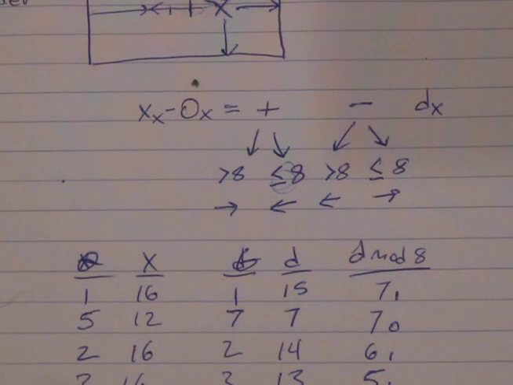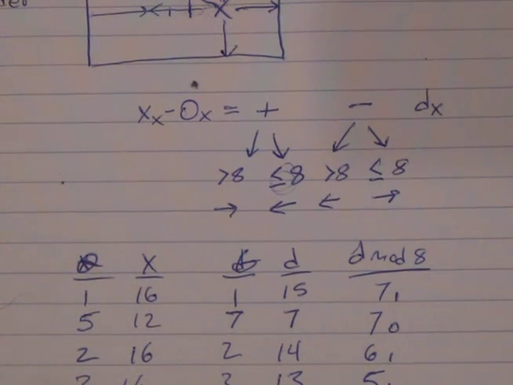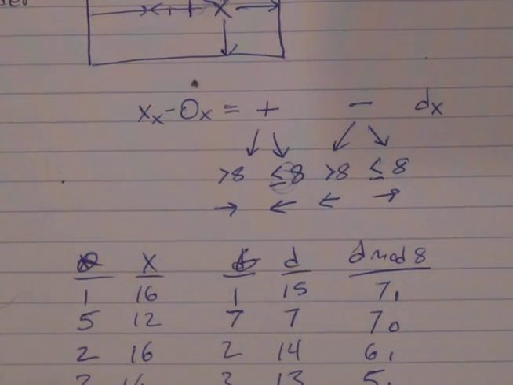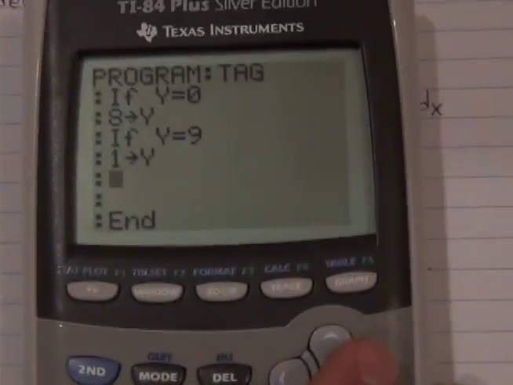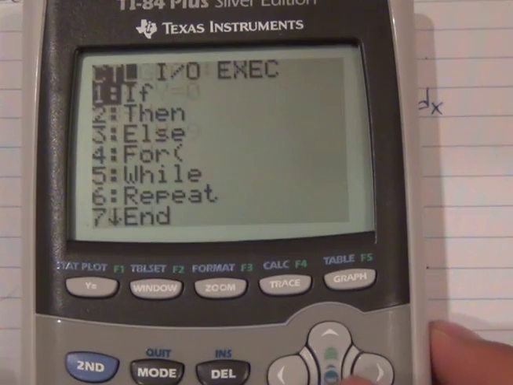Yeah, let's go with this, by subtracting 8. So yeah, we'll do this.